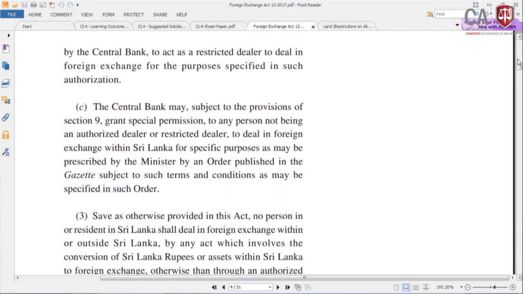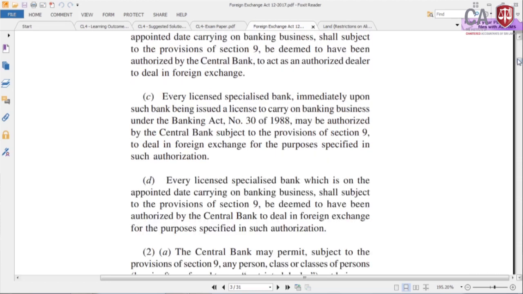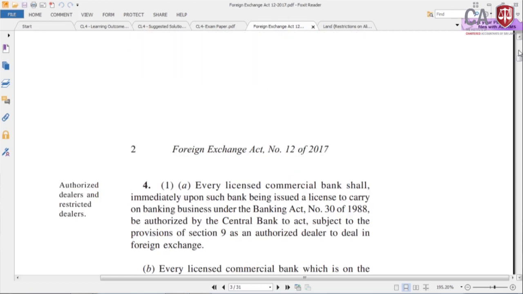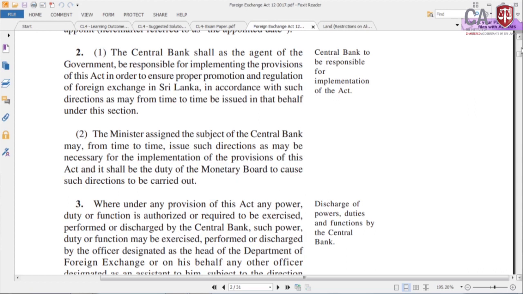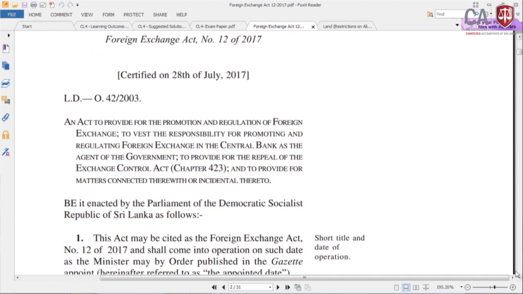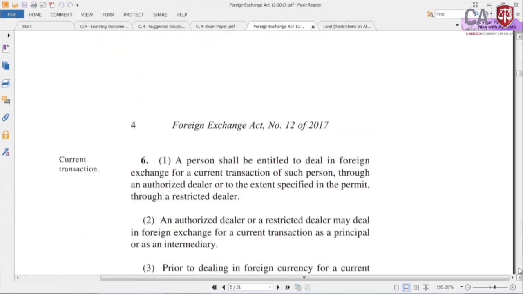Now, with regard to the question that has been posed, looking at this, section 6 says, on current transactions, a person shall be entitled.